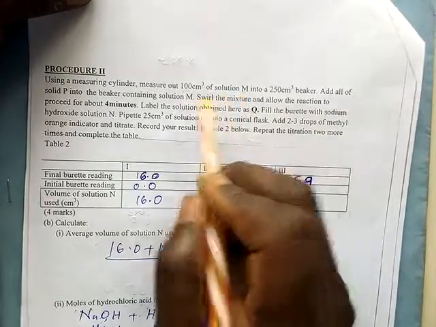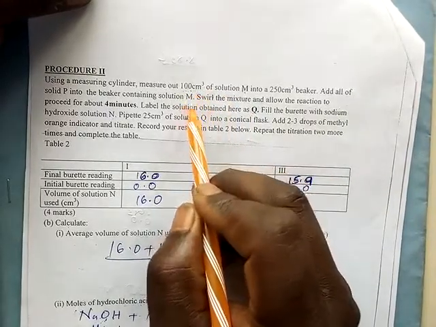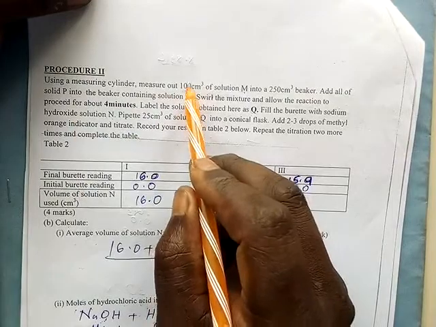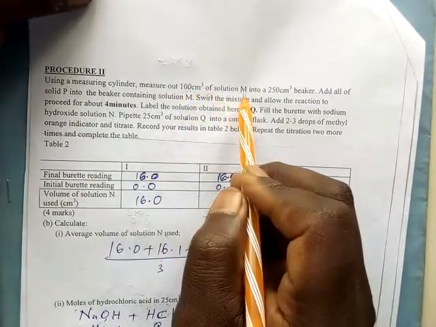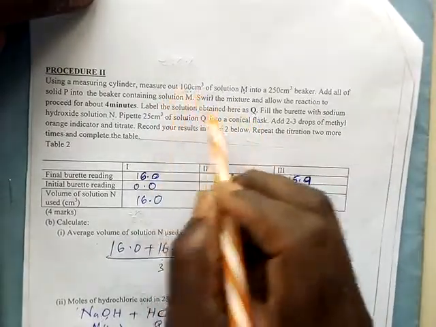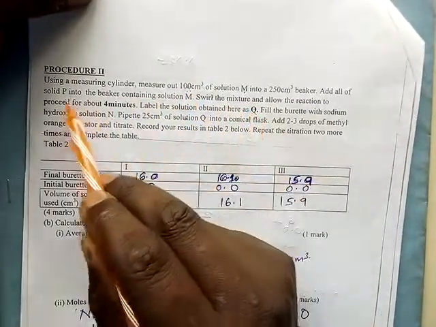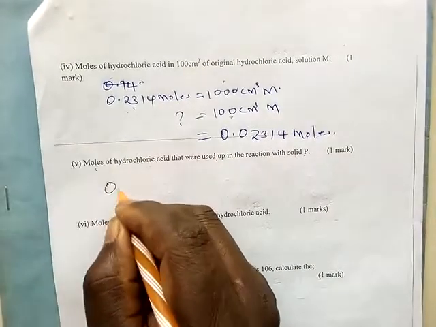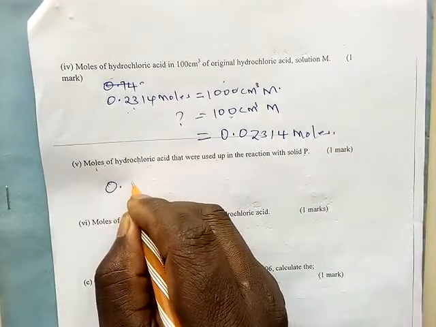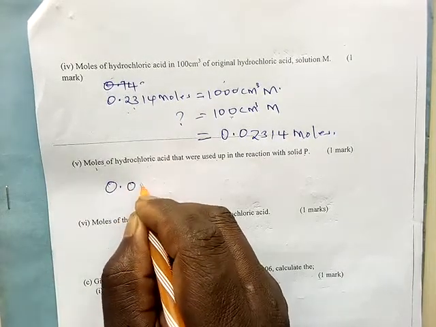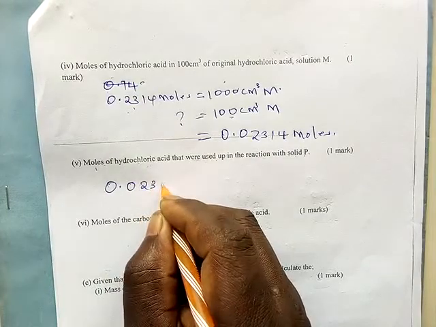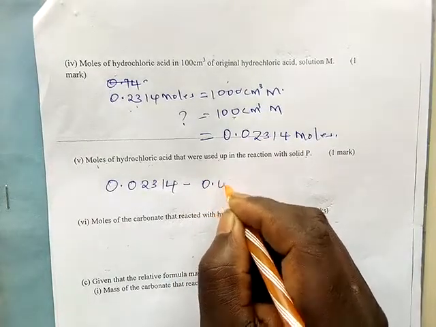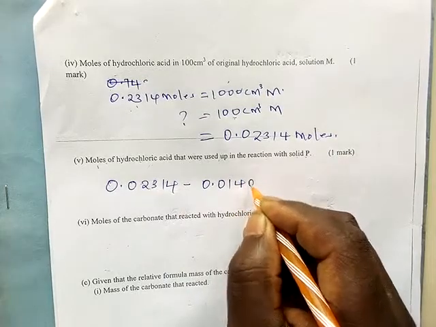So now we have the number of moles of the original and the number of moles in 100 Q. Now we can get the number of moles that reacted with P by subtracting the number of moles in 100 centimeters cube M and 100 centimeters cube Q. So we do 0.02314 minus 0.01408.